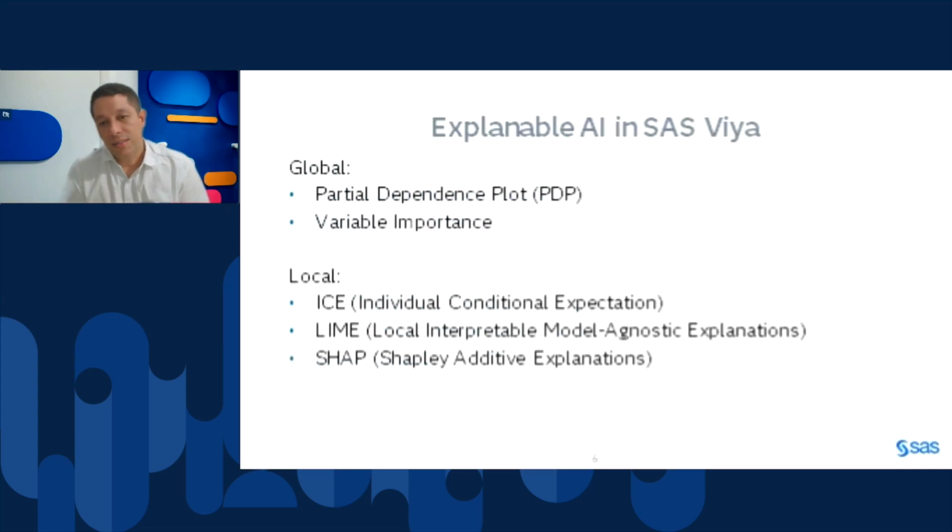In SAS Viya, we have two groups of explainable AI techniques. We have the global techniques. In this area, we have the partial dependence plot and variable importance. And in the local group, we have the individual conditional expectation and local interpretable model-agnostic explanation, and the SHAP.